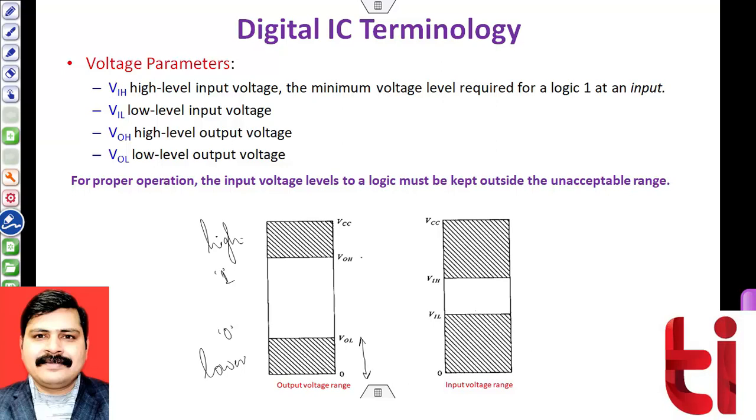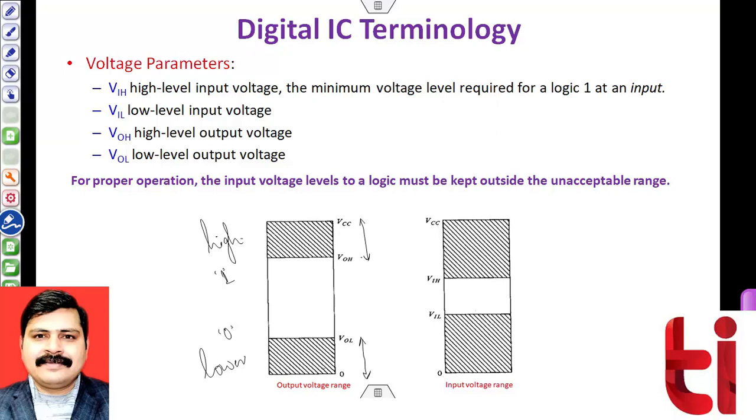For my output voltage, the range is from 0 volt to some VOL, that means the lower value of my output voltage. Likewise, the range for the higher level is defined from VOH, the high level of output voltage, to VCC. And usually we prefer this VCC voltage to be 5 volt.